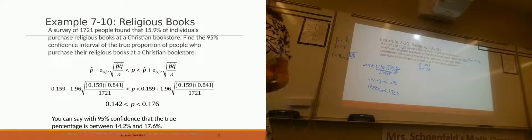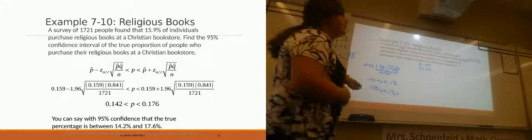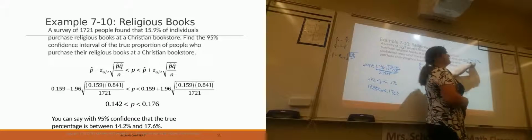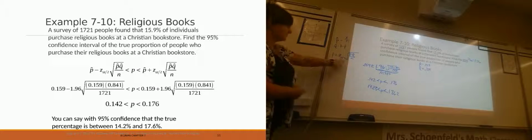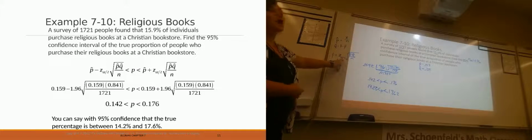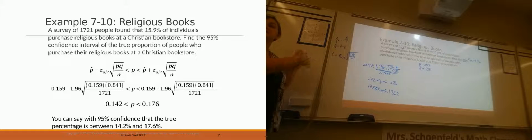I know that we've gone over this, but I'm still kind of confused on why we need the 95% confidence interval. The 95 only tells us what our z alpha over 2 is. So we only need it for that part right there. Remember that this is an interval estimate. What is the best point estimate again?